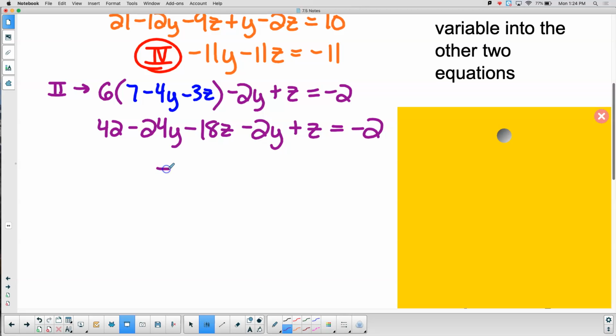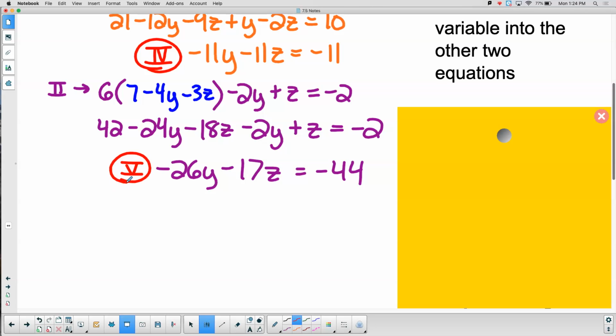That gives negative 26y minus 17z equals negative 44. With me so far? Questions, comments, concerns, clarifications up to this point?